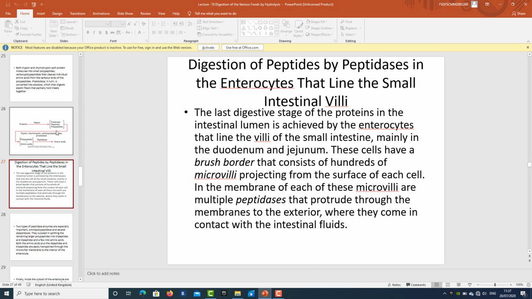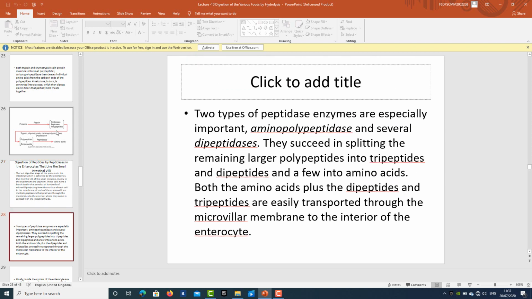In the membrane of each microvillus there are multiple peptidases protruding through the membrane to the exterior, where they come in contact with intestinal fluids. There are two types of peptidases, aminopolypeptidase and several dipeptidases, and they succeed in splitting the remaining larger polypeptides into tripeptides and dipeptides.